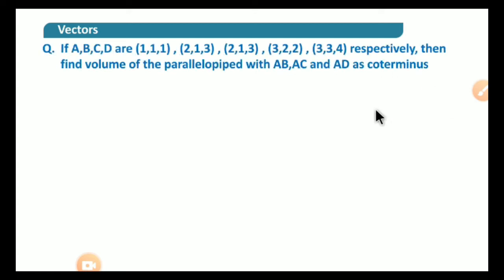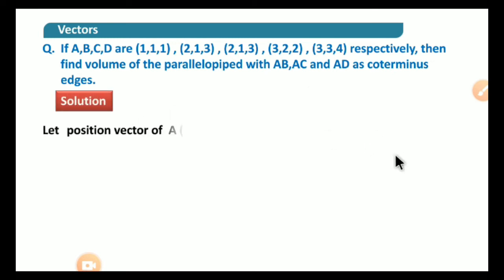Again, some more problems here. If A, B, C, D are (1,1,1), (2,1,3), (3,2,2), (3,3,4) respectively, then find the volume of the parallelepiped with AB, AC and AD as coterminous edges. Therefore, the position vector of point A is small a vector, equal to i plus j plus k, because A contains the coordinates 1, 1, 1.